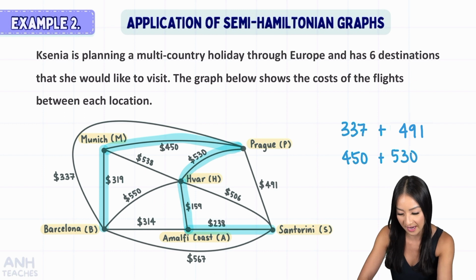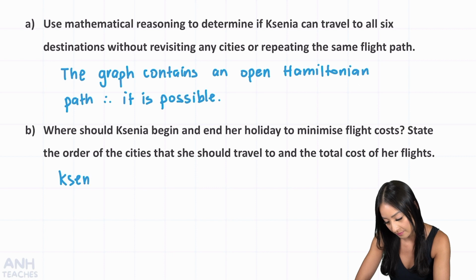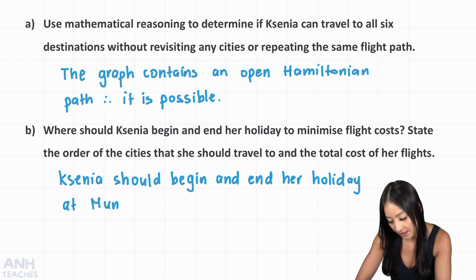Yeah, I'm definitely going to go with the other option. So Ksenia should begin and end her holiday at Munich and Hvar.